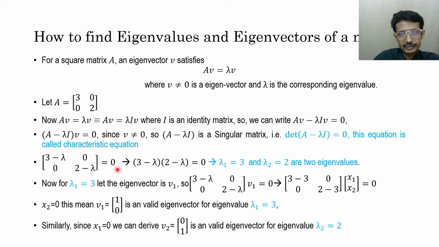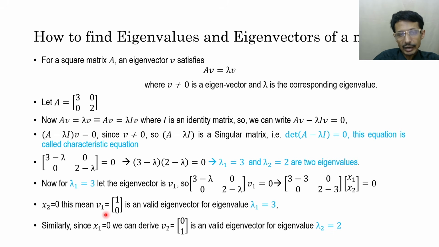Now if we put it in this, we get two values: lambda 1 is 3 and lambda 2 is 2. These two are eigenvalues. If we first take lambda 1 equal to 3 and put it here, we get this equation, and we find x2 is equal to 0.